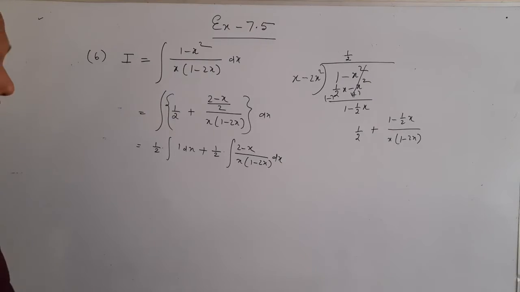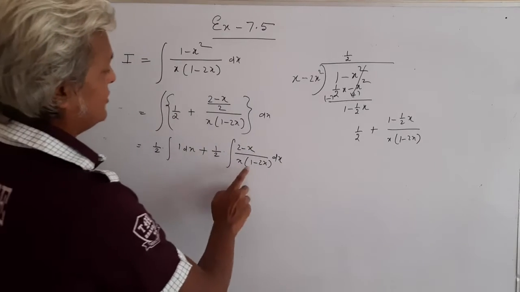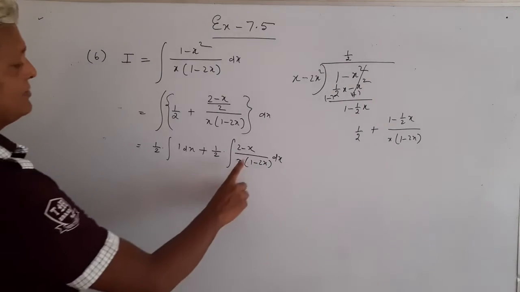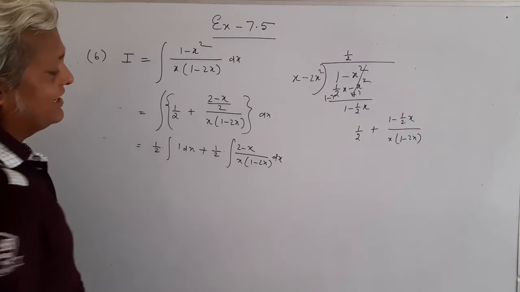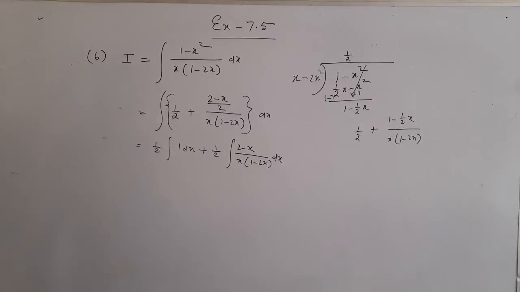Now you can see that I have to express this again in the form of partial fractions, because this is now a proper rational fraction: the degree of the polynomial in 2 minus x is less than the degree of the polynomial in the denominator, because this is linear and this is quadratic.